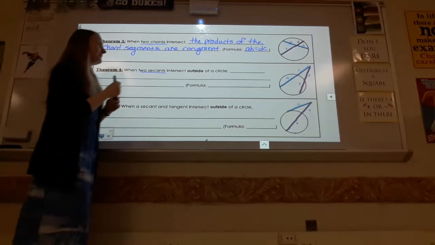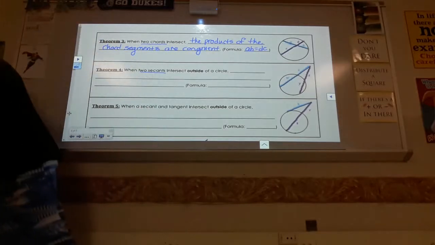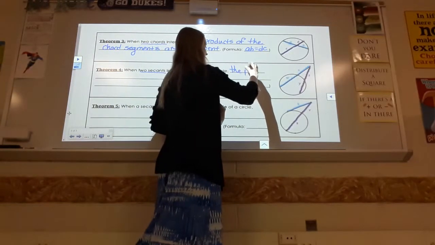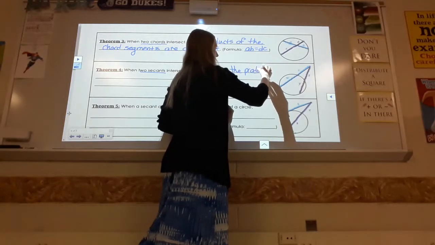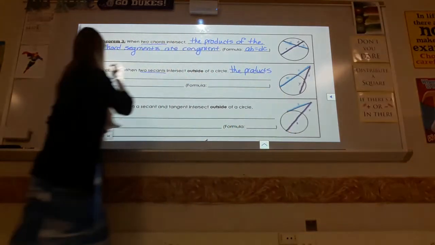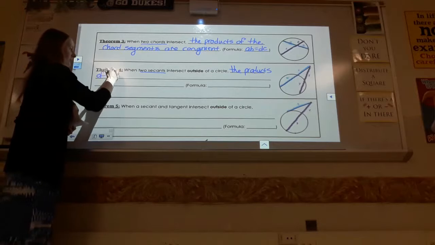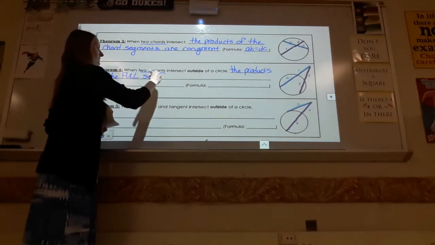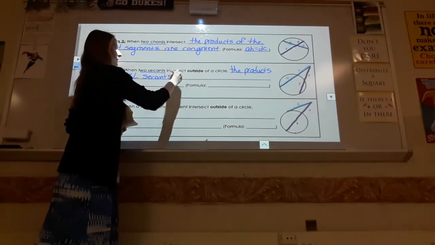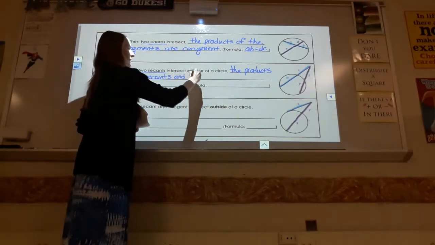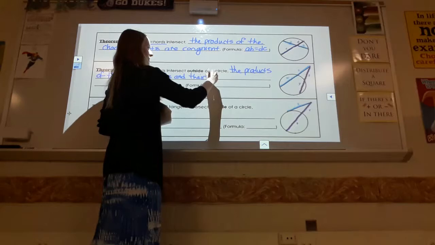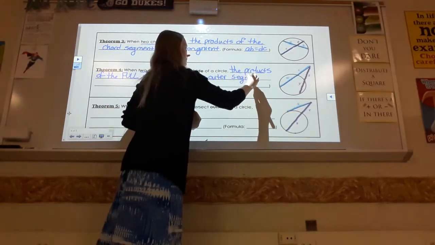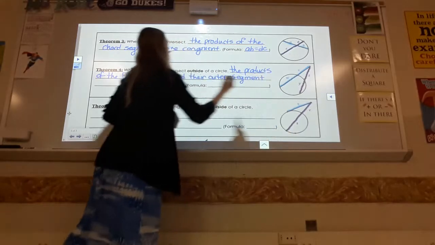So when two secants intersect outside of the circle, to get this wording right: the products, again, lots of multiplication, of the FULL secants and their outer segment are congruent.